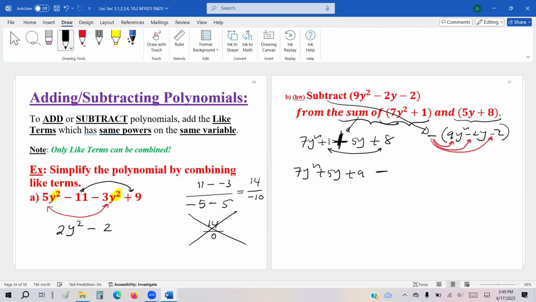And then you're subtracting 9y squared plus the 2y plus, so this is minus 9y squared plus 2. Because of the minus outside, every sign you have inside will change. That's why you have to put parentheses.